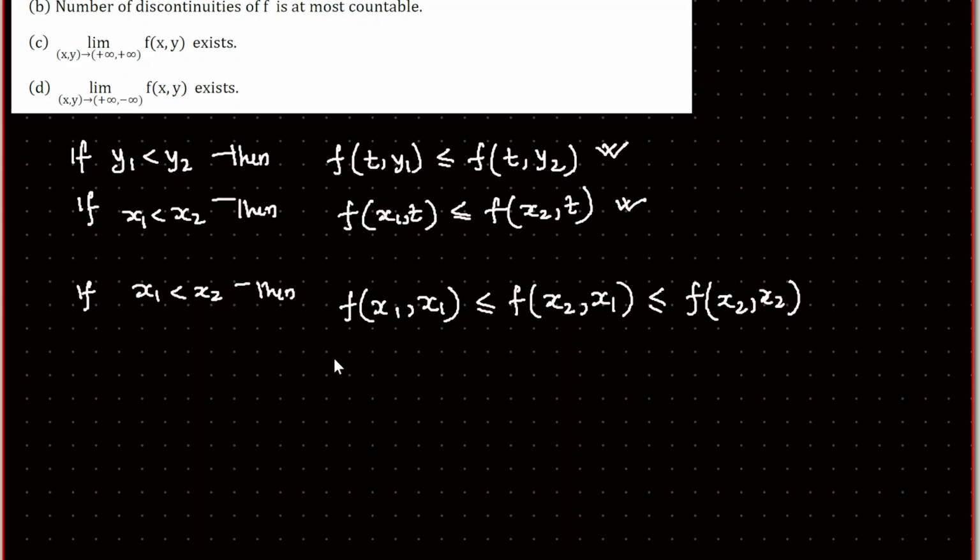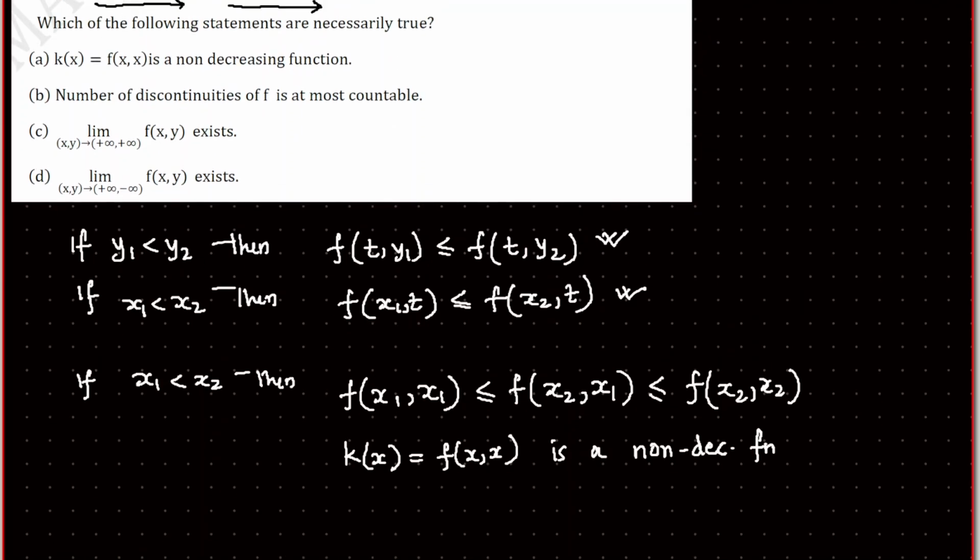So we have that k of x, which is equal to f of x comma x, is a non-decreasing function, right? So this option is true.